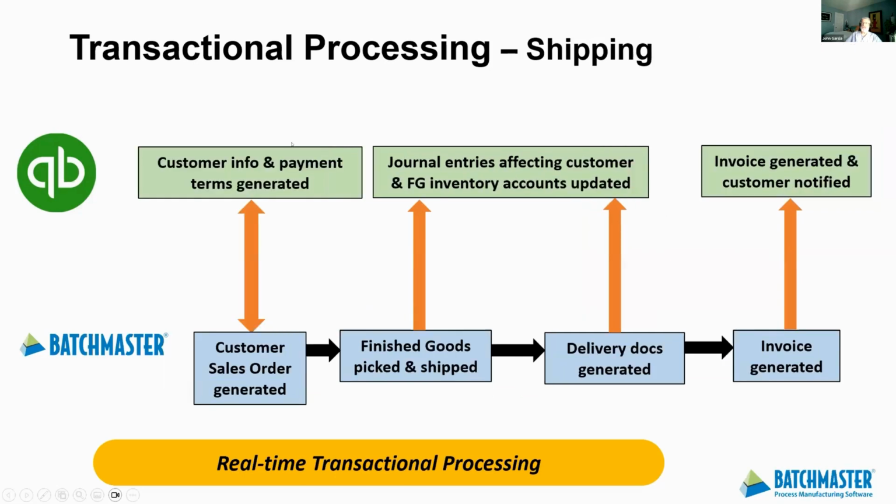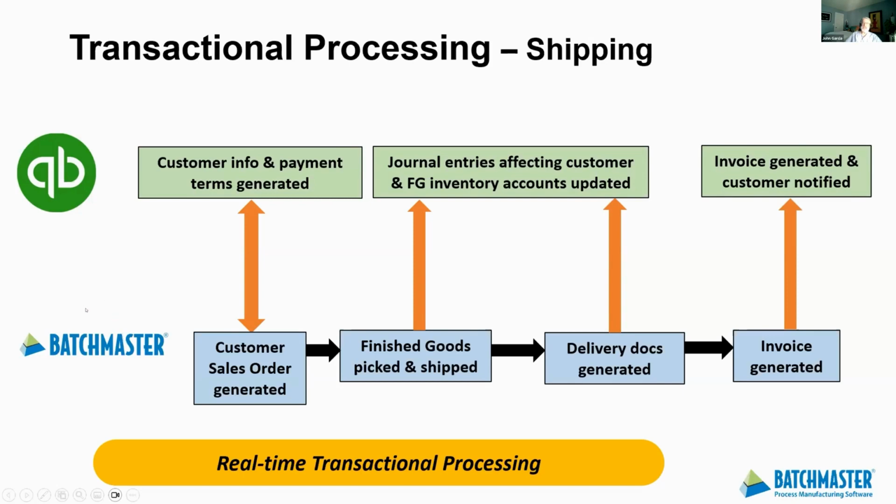And then finally, you've got the shipping side of it. So customer orders are coming down, being placed into BatchMaster. Again, they could come from calls, emails, faxes. For manual entry, they can come through a spreadsheet, which could be imported into BatchMaster.